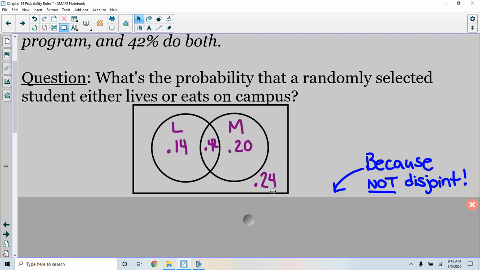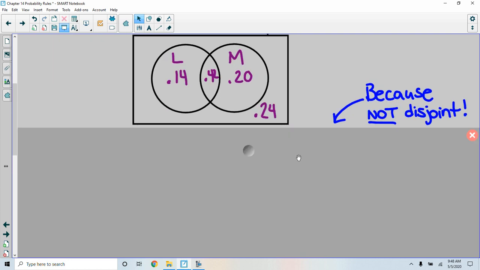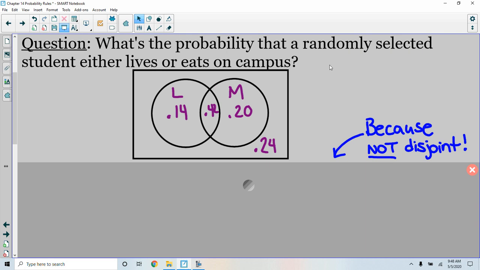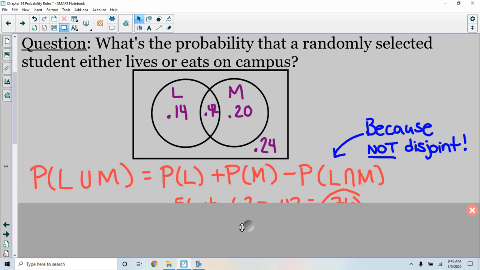So that's like when I was a grad student, I lived in an apartment off campus and I bought my own groceries. So they're not disjoint events. So if we want to find this probability that a randomly selected student lives on campus or eats on campus, then I need to use a different formula.